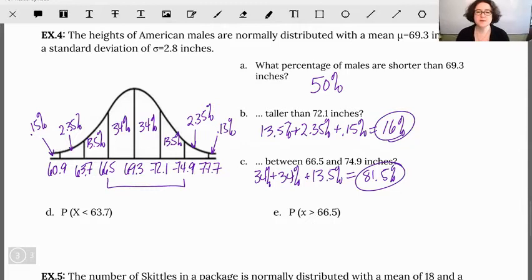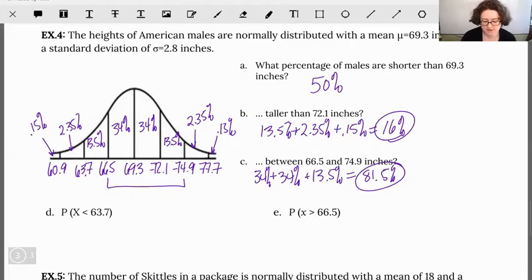And so you also have a notation in here, and this notation means exactly the same thing. So part D, which says P parentheses X less than 63.7, all this means is, what is the probability that a score X is going to be less than 63.7? It's the same thing we've been already doing.